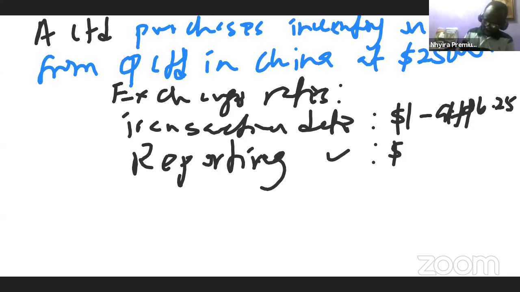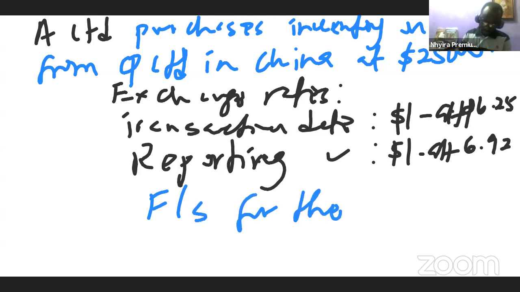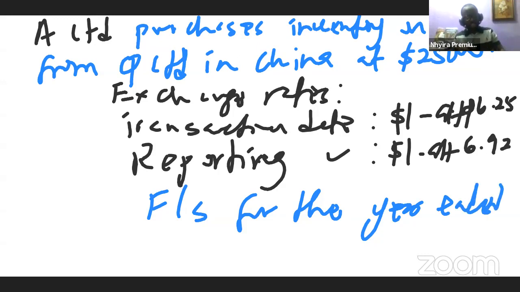Let's say a dollar now, it's gotten worse. So let's say a dollar now is 6.92. Okay, so this is the question. The requirement is, how should A Limited account for the above transaction in the financial statement for the year ended? So how would they recognize these in the financial statement for the year ended?